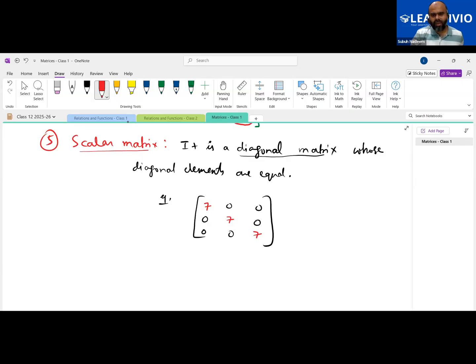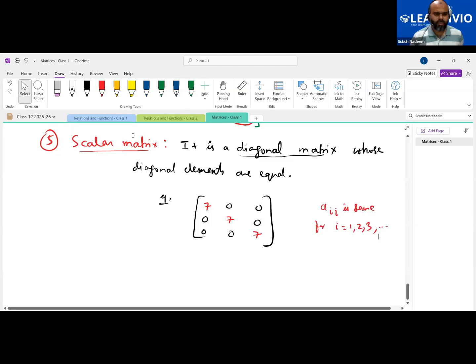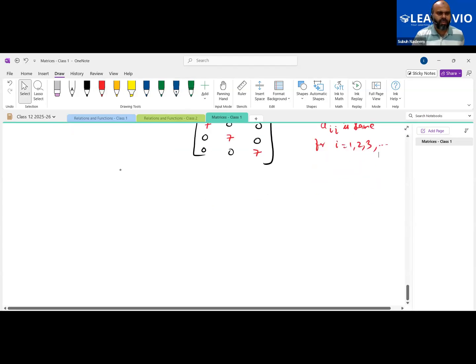So you can say that Aii is same for i equal to 1, 2, 3. If it is a bigger matrix, then so on. So this is a scalar matrix.